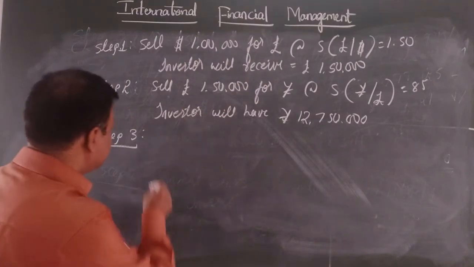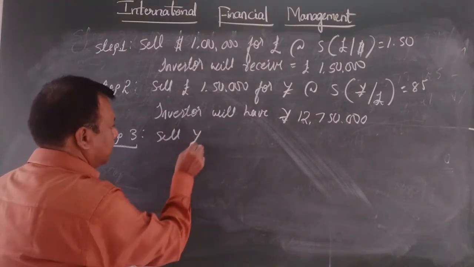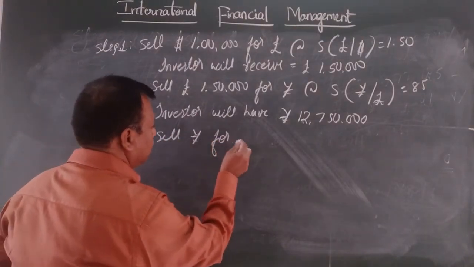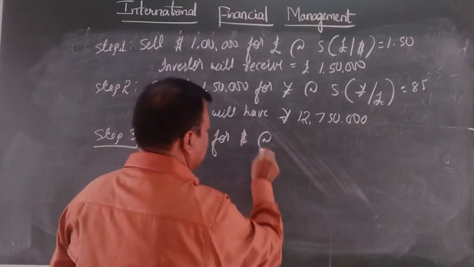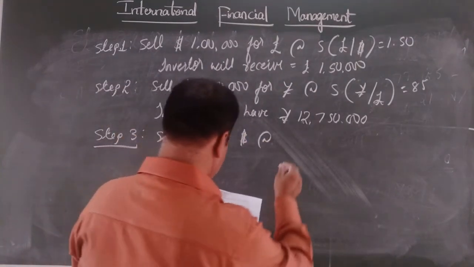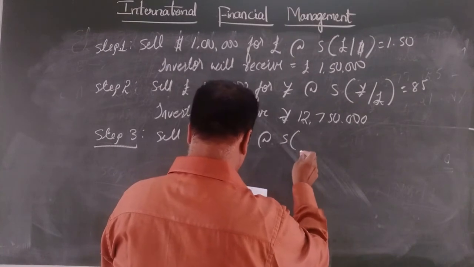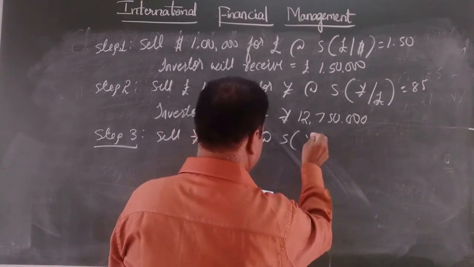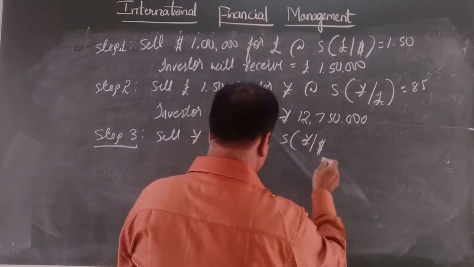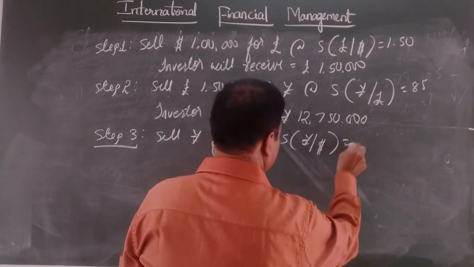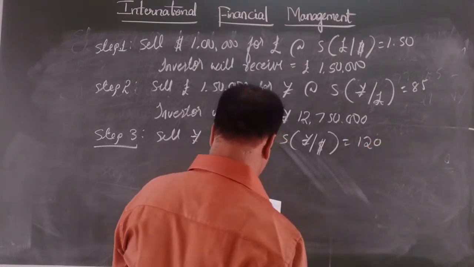Okay, sell yen for dollar at the spot rate of yen by dollar, 120.